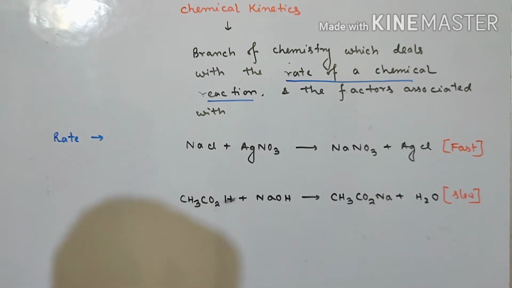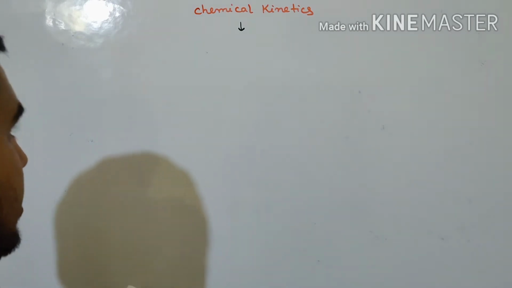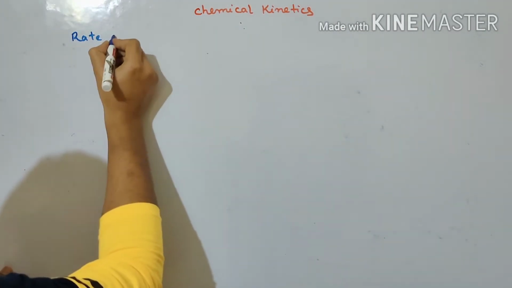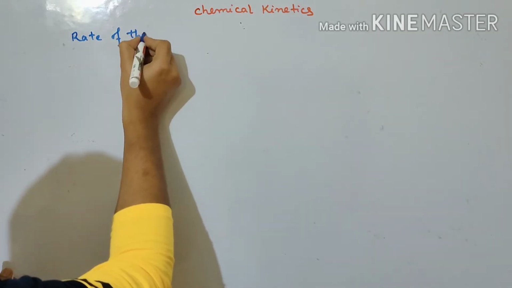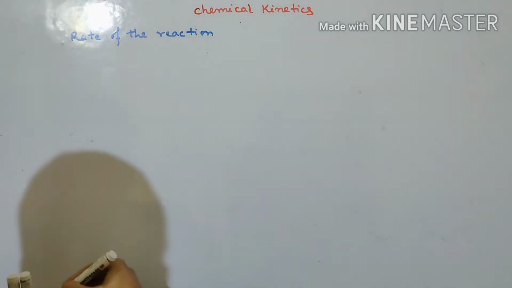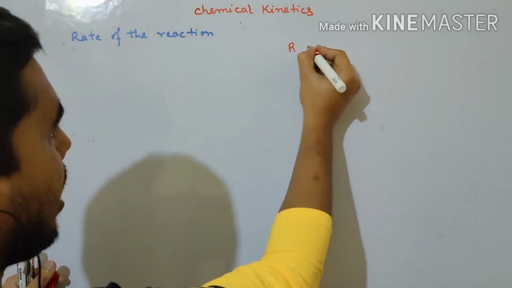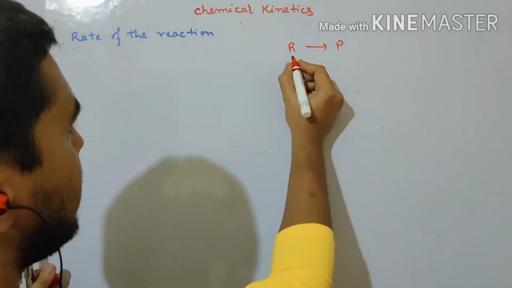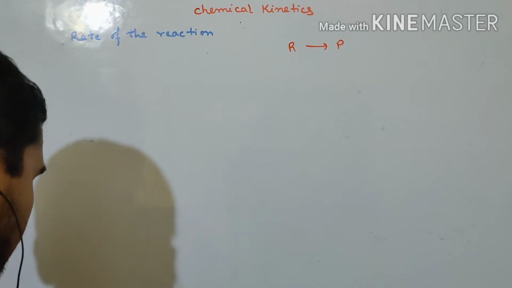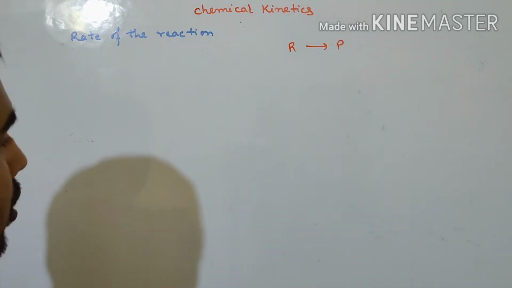So let us revisit. While discussing the rate of the reaction, we have taken a very easy and understandable chemical reaction, R giving rise to P, where R is the reactant and P is the product. Now, a few things must be mentioned before we move on.